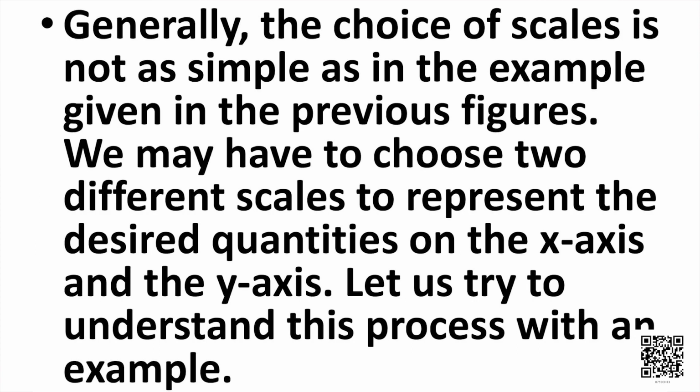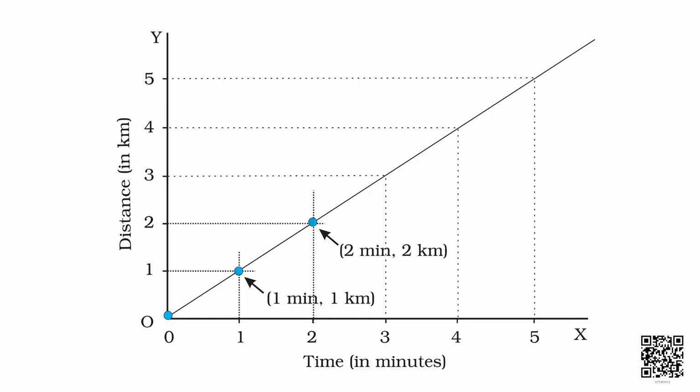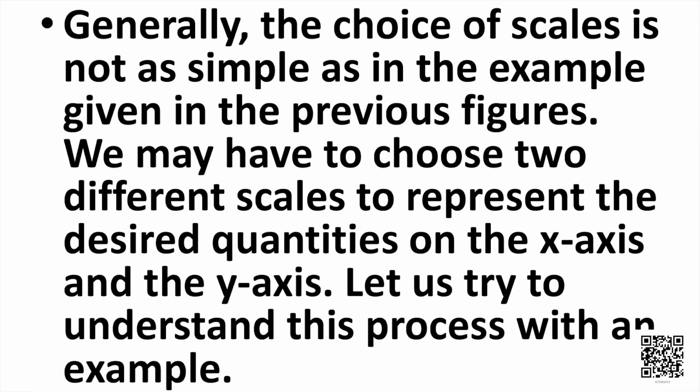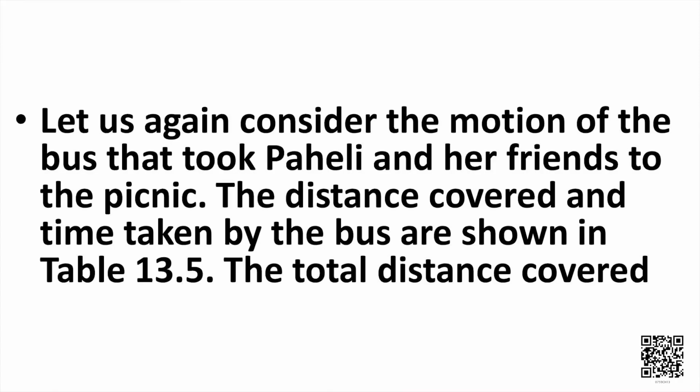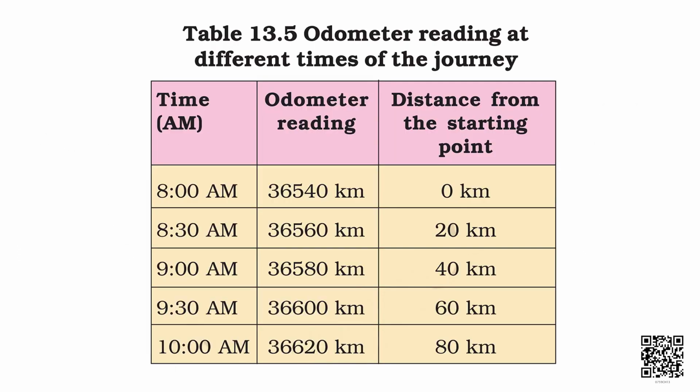Generally, the choice of scales is not as simple as in the example given in the previous figures. We may have to choose two different scales to represent the desired quantities on the x-axis and the y-axis. Let us try to understand this process with an example. So students, let us again consider the motion of the bus that took Paheli and her friends to the picnic. The distance covered and the time taken by the bus are shown in table 13.5.